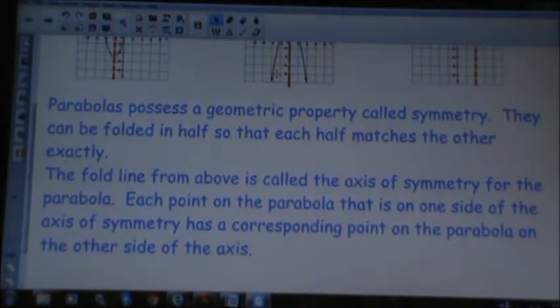So on this parabola here, I have a point here, and it's the same exact point over here, except on this side it's positive. On this side it's negative. And it goes the same way all the way up. And we've talked about that in class today.